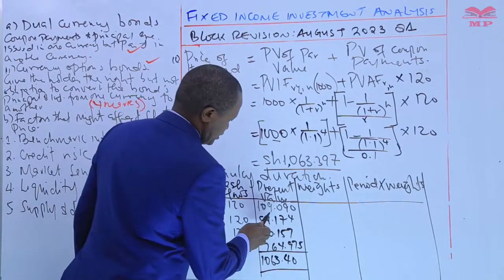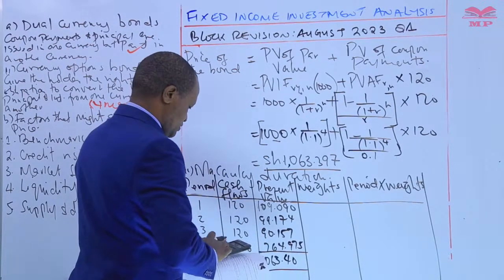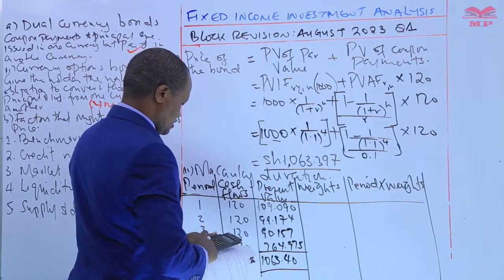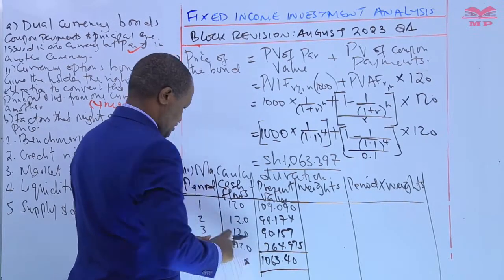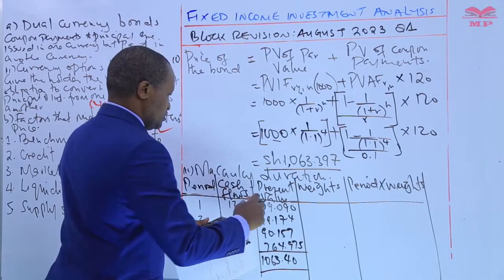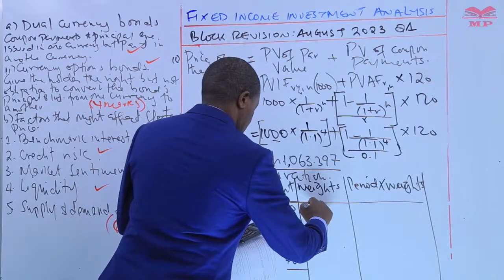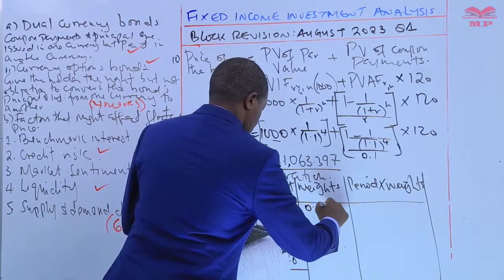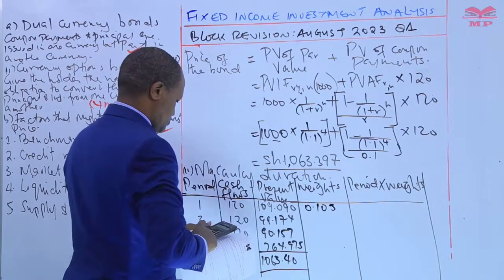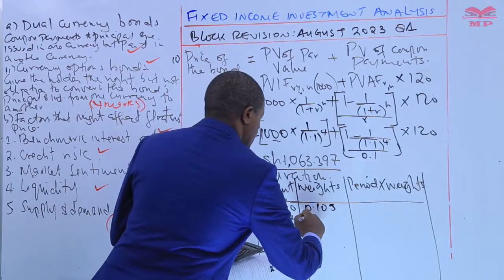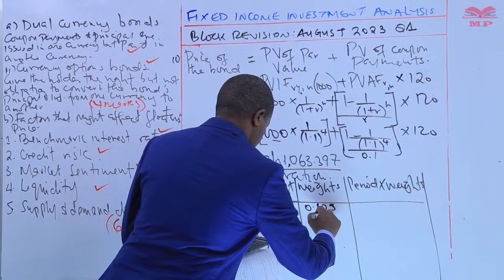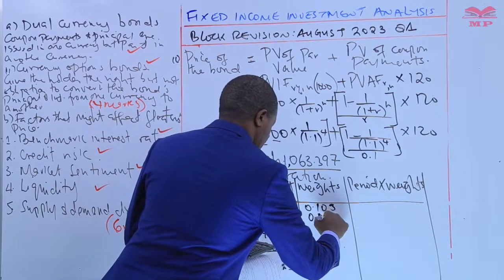So firstly, year 1, we have 109.090 divided by 1063.4, which gives 0.103. Next, I'll take 99.174, which gives 0.093.